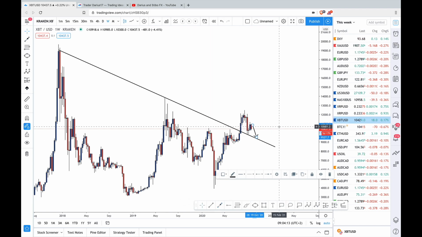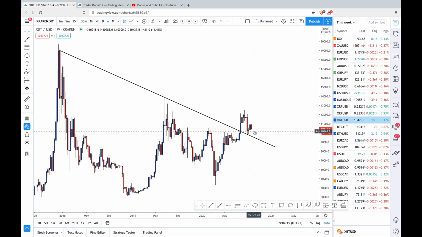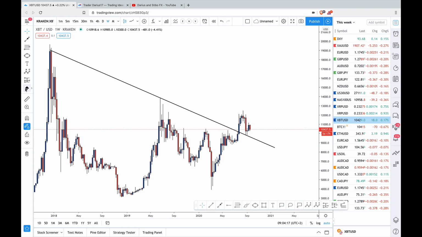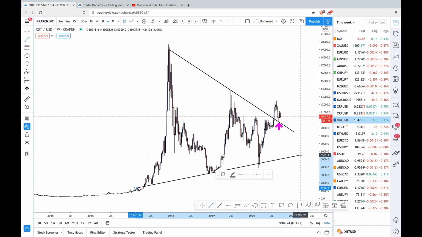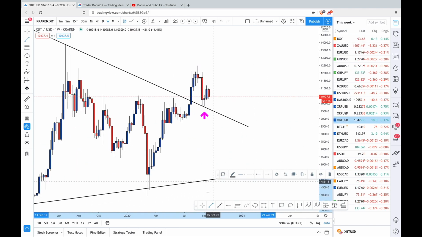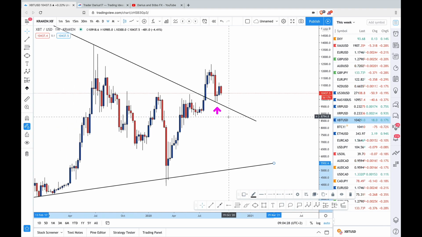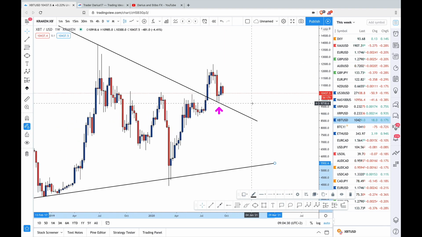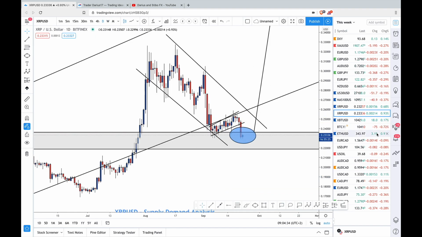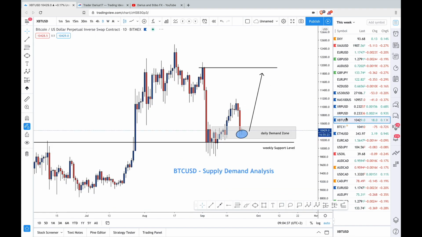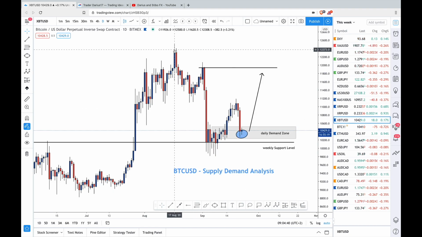So for me, actually, it looks like this triangle. So for me, we already retested this trend line, okay, because this is this major triangle pattern over here, and for me it looks pretty good that we're not going to make a deeper retracement. So for me, this scenario here is the most possible. This one is for me the most possible scenario, yes.